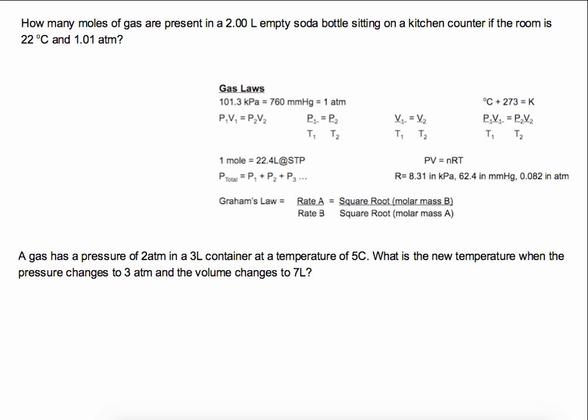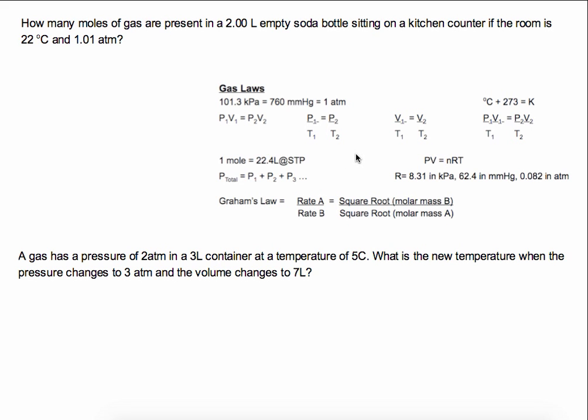So the first thing is you're not really going to know exactly which equation in the gas law unit you need to use until you identify the givens, because we have Boyle's law here, Gay-Lussac's law here, Charles's law here, the combined gas law, and then right here we have the PV equals nRT equation.